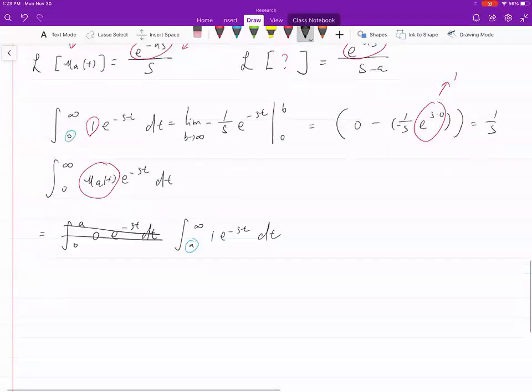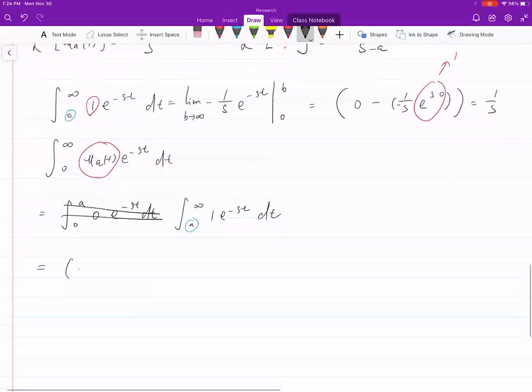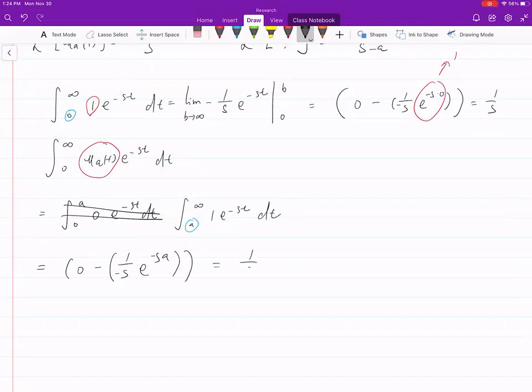That means what? That means if you do the integration, you still have the same thing. Except before you put 0 here, because your ending point is 0, now you put an a here. Okay, which gives you 1 over s times e to the negative sa.